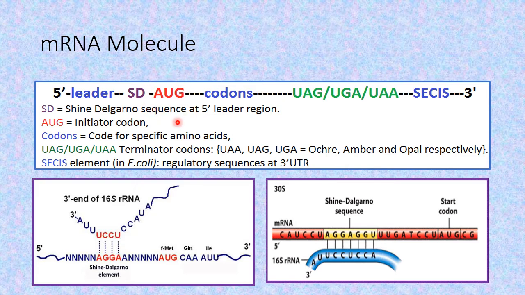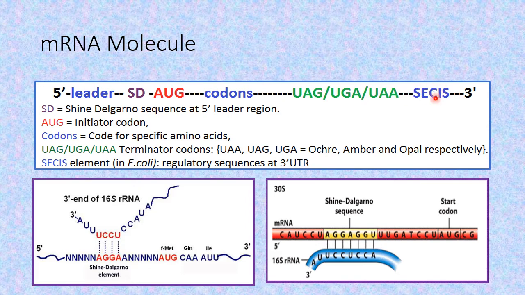Again, this is the consensus start codon in prokaryotes as well as eukaryotes. This is followed by the various nucleotides, the triplet codons for various amino acids, and it ends with the stop codon, which may be any of these three.